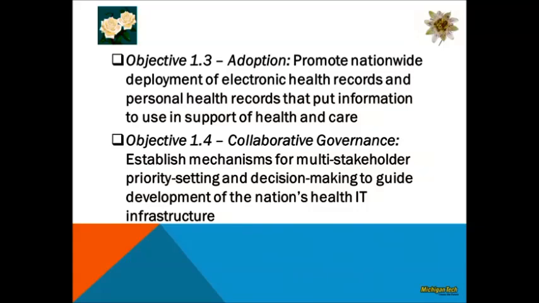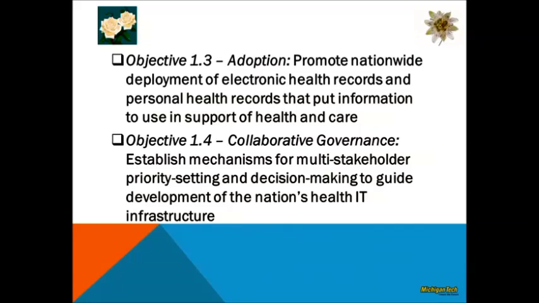Also, it is an objective. The fourth one is the collaborative governance. Governance is to establish mechanisms of multi-stakeholder priority setting and decision making to guide the development of national health IT infrastructure.